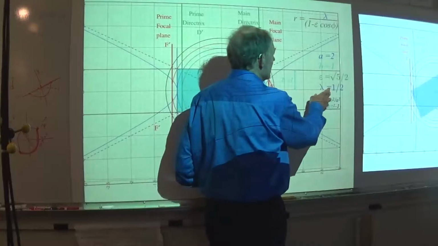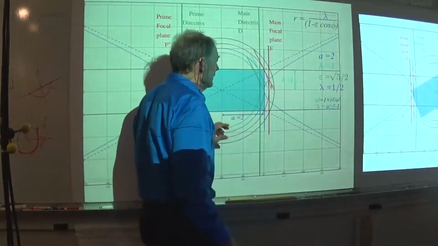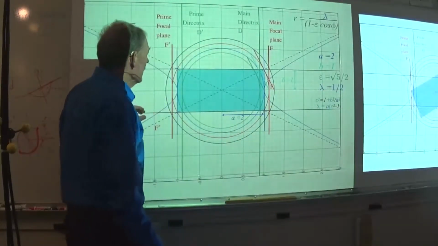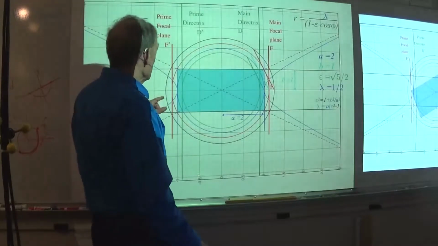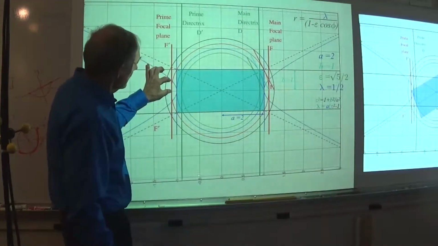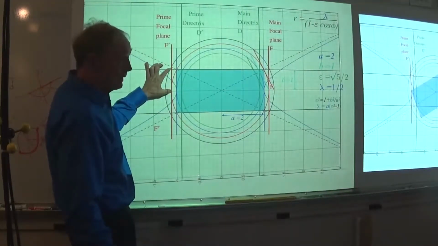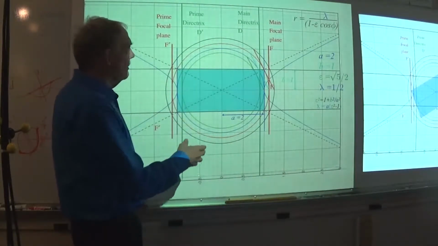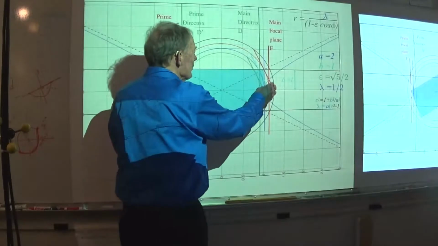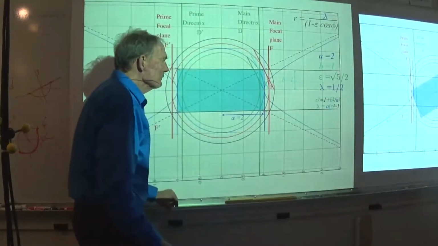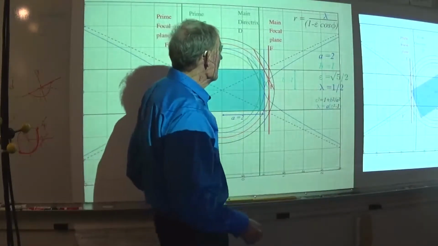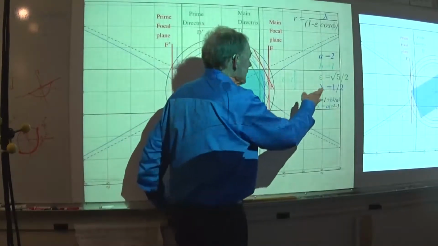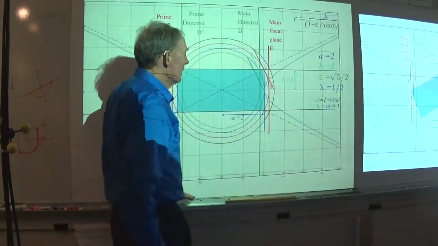And then the lambda comes out to just be a half unit in this particular shot here. And of course, the hyperbola we're talking about has a lambda right there. That's half of 1. Okay, so this is just getting you started, but this is kind of a pinchy thing where all these things are all scrunched together. We really need to go for maybe a little bigger eccentricity to open this up some.